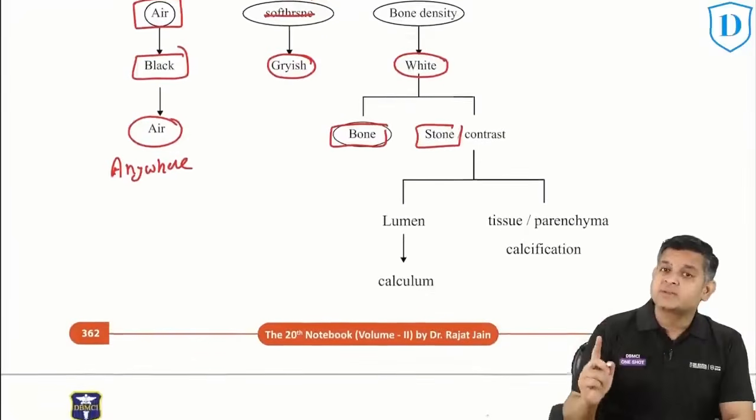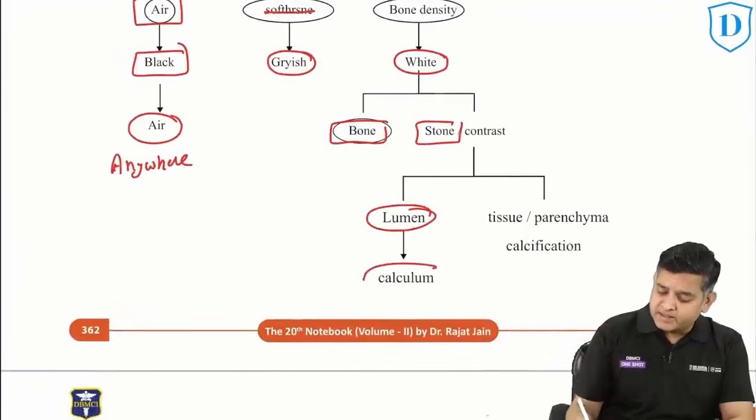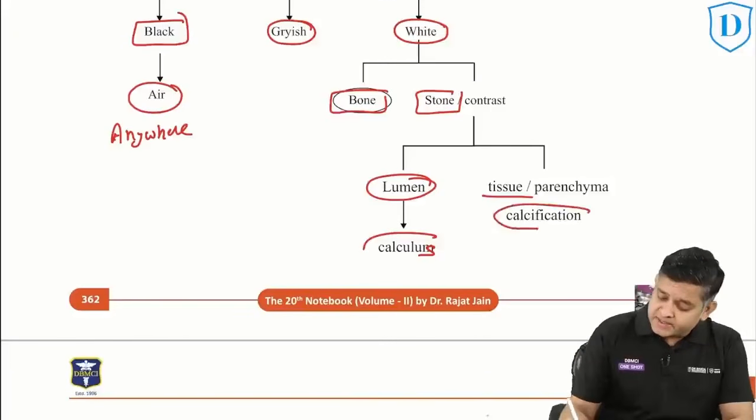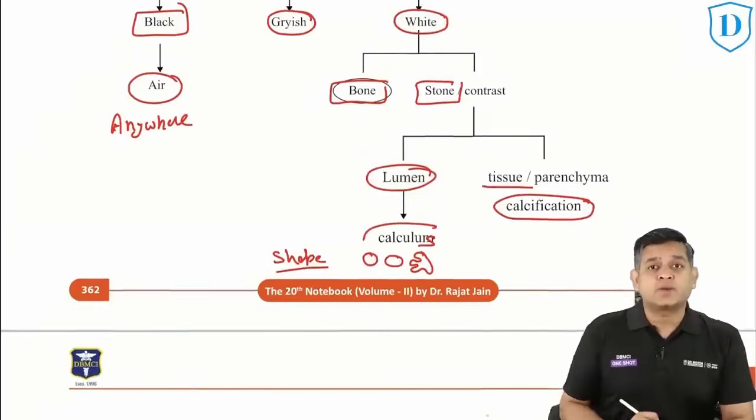Now, if it is in the lumen, then it is calculus. If it is in the tissue, then it is calcification, and that can be easily identified by seeing its shape. If the shape is round, oval, or taking the shape of the lumen, then it is calculus.